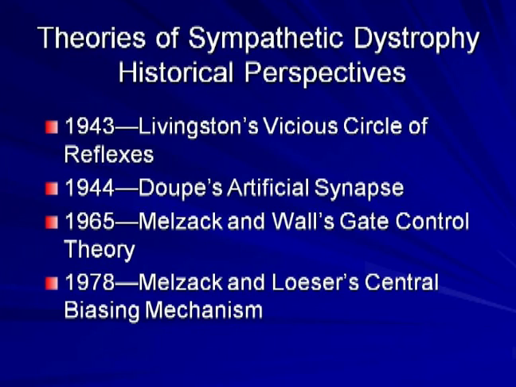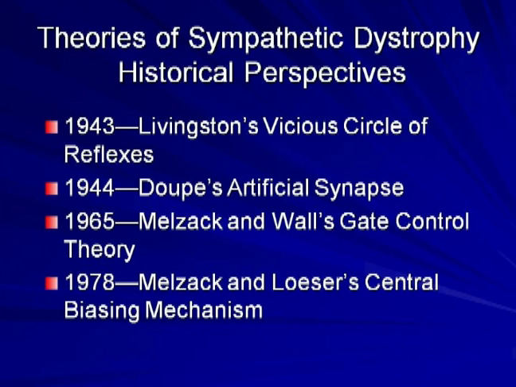Melzack and Wall's gate control theory, and Melzack and Lozier's central biasing mechanism proposed that the central neuromodulating process of the individual had gone awry, and that painful stimuli were not being inhibited as you would expect normally.